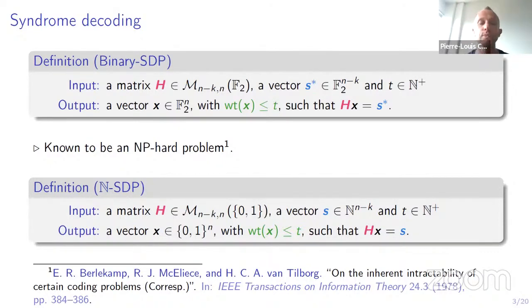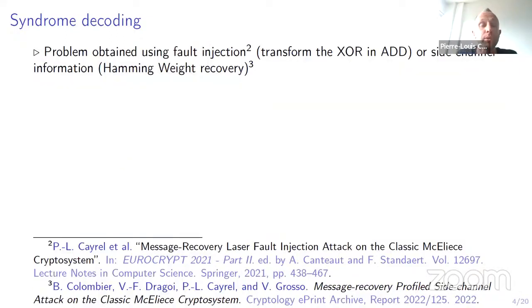Okay, it's an easier problem, but is it realistic to study it, or is it just a fantasy? In fact, this problem can be derived from the binary syndrome decoding problem using fault injection. It's what we have done in our Eurocrypt last year paper.